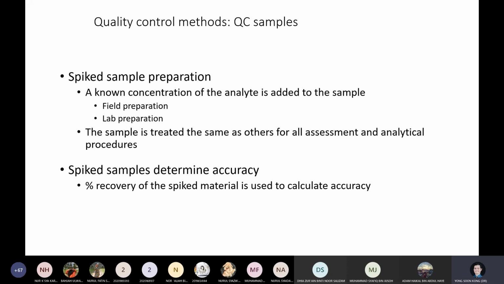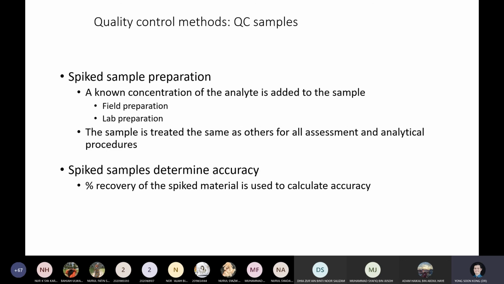And then what is a spike sample? Now a spike sample here is to put a known concentration of analyte into a sample, either during field sampling or during lab preparation. So even before you go to the field, you already put the spike sample in a container, and then during the field trip you also put it in. And sometimes during analysis you also use a spike sample just to see how the standard holds up in the water sample.